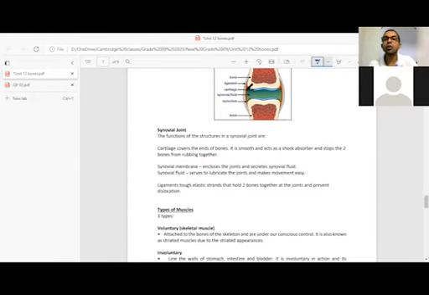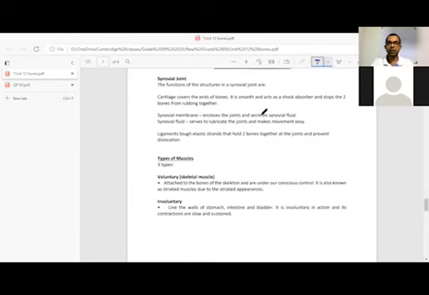So the ligament holds two bones together, cartilage is a shock absorber, and synovial fluid avoids friction, or lubricates the joint, so it is very easy to move the muscles, right?